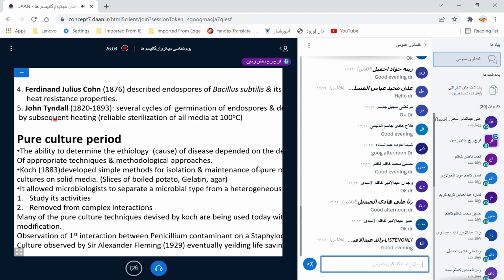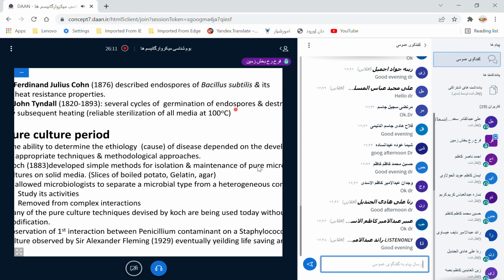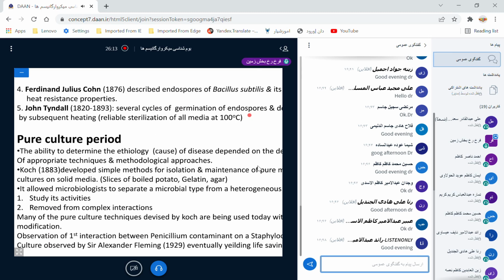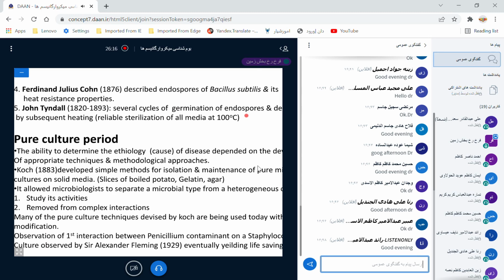What was that? John Tyndall used several cycles of germination of endospores and destruction by subsequent heating. What does it mean? He boiled it, so he killed all vegetative forms, not spores.